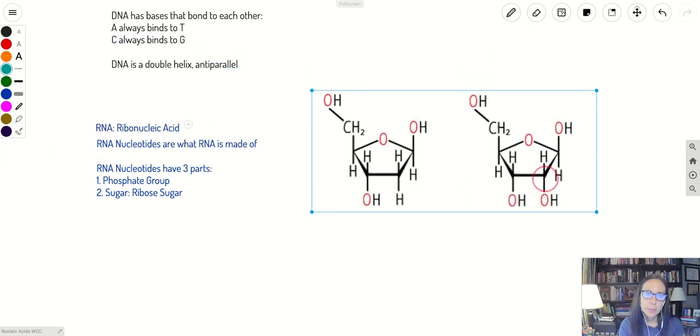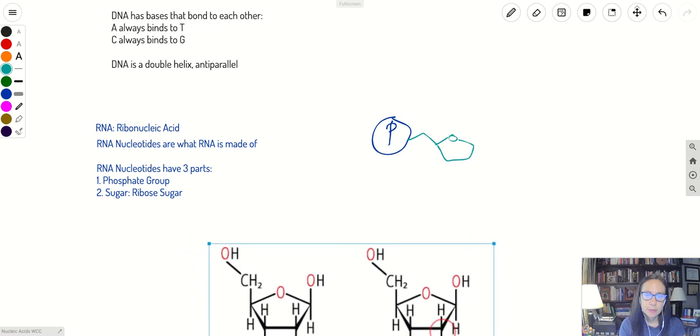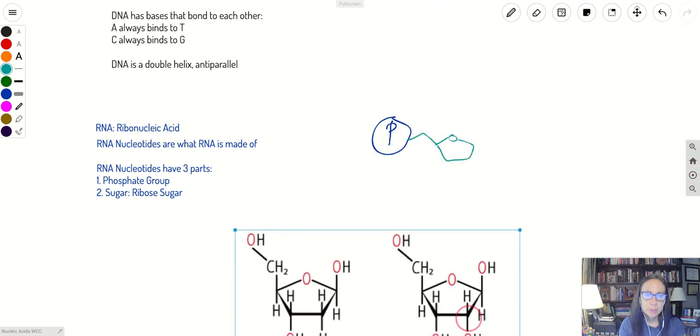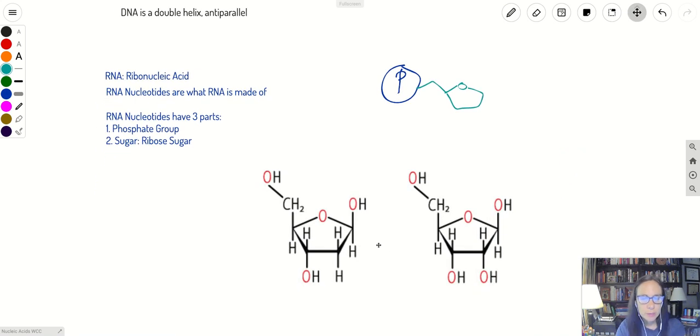Here's a picture from the textbook. I'll put it here. I want to point out that these 2 sugars look almost identical. Here is the 5th carbon in both of them. And then we have a carbon here, a carbon here, a carbon here, a carbon here. The only difference is that there is an extra oxygen here on ribose, and there's a missing oxygen in the deoxyribose.